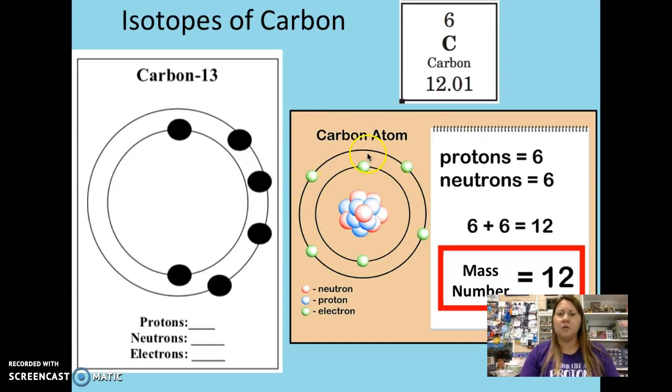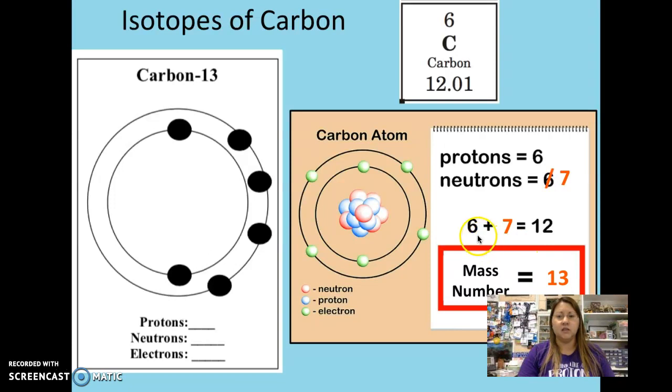So this is the Bohr model we were just looking at. So instead of having our 6 neutrons, an isotope of carbon that's carbon 13 is going to have 7 neutrons. So to find the mass number, we're adding our 6 protons plus our 7 neutrons, and that's not 12, that is 13 now.